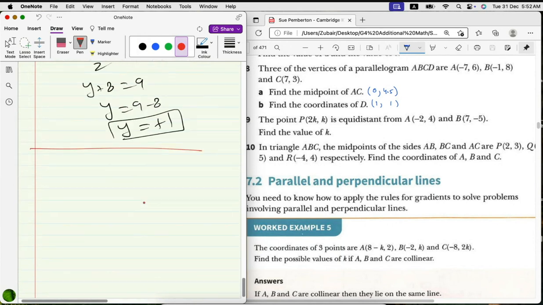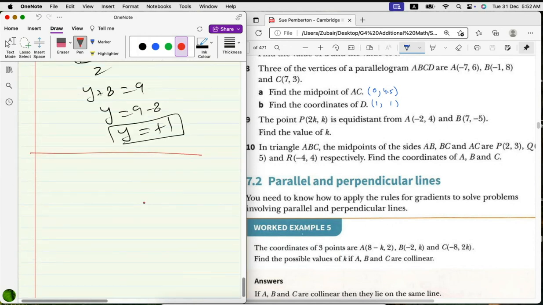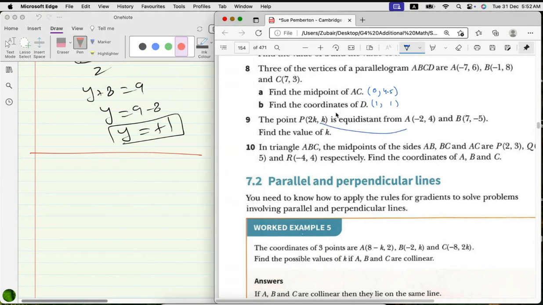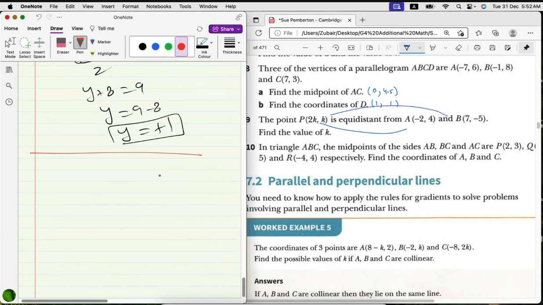Question number 9 says the point P is given and is equidistant from A and B, the same distance from A and from B. So first we work out and then we equate them. We can do that in one go as well, but that's definitely going to be a little lengthy. PA is equal to PB.